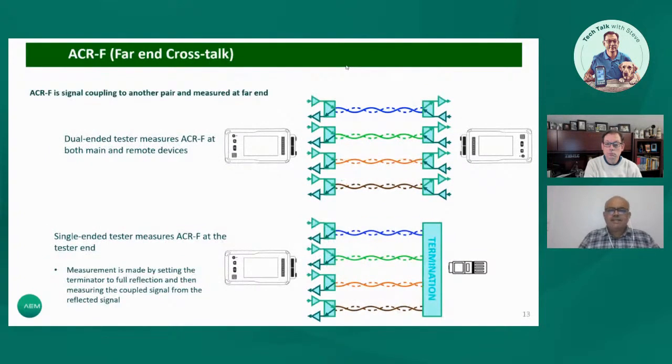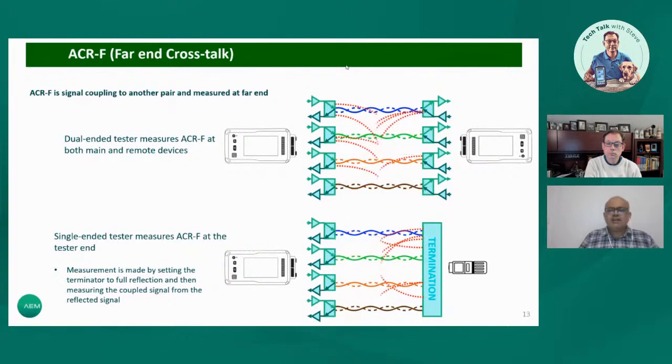Okay. ACRF is attenuation to crosstalk ratio far end, of course, and it is different from near end crosstalk. It is the measure of signal that is sent out on one pair and coupled into another pair, similar to near end crosstalk.